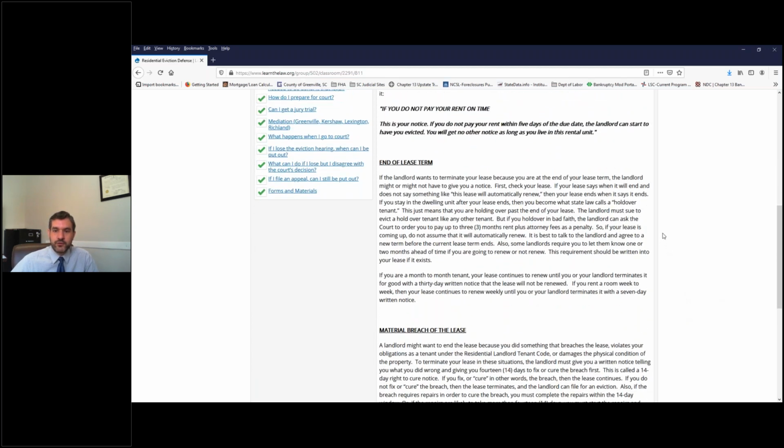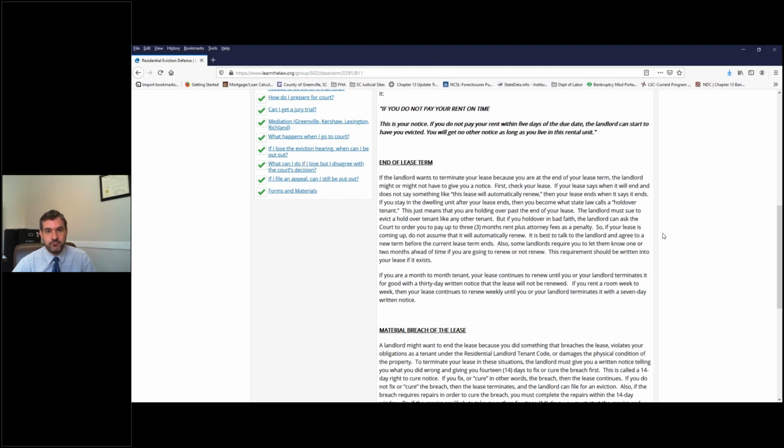If the landlord wants to terminate the lease because you're at the end of a lease term, the landlord may or may not have to give a notice. Again, like we were talking about, for leases that are not month to month, that just are 3 months, 6 months, a year, those end on the date that the lease says it ends.